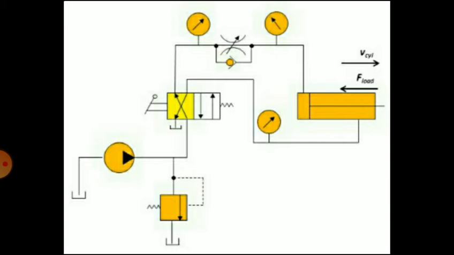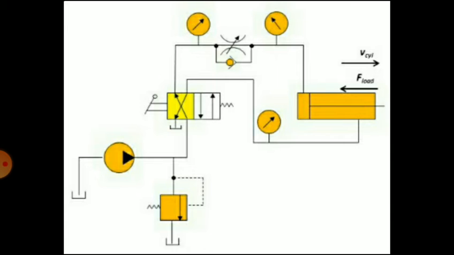And during the return stroke, the position is changed. You can see the second position, with the straight arrows, and the flow is reversed.